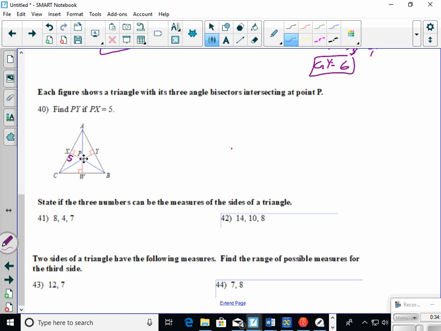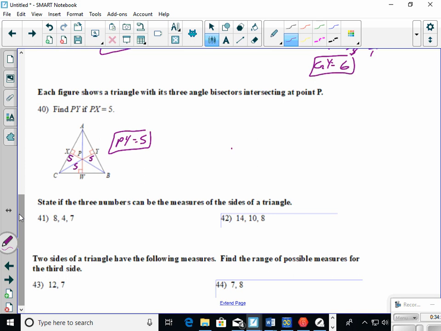So PX is going from the incenter to the side, PY is going from the incenter to the side, and PW is going from the incenter to the side. So really, each one of those is going to be 5. So PY equals 5. The same as PX.